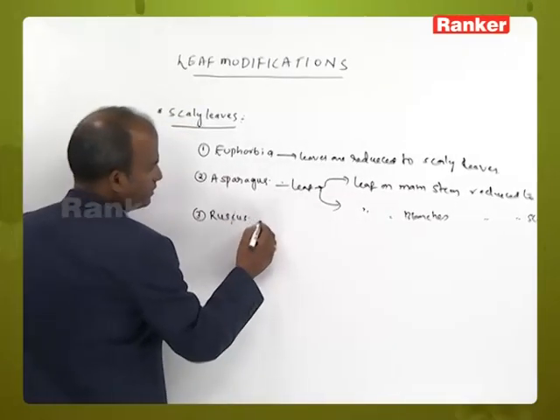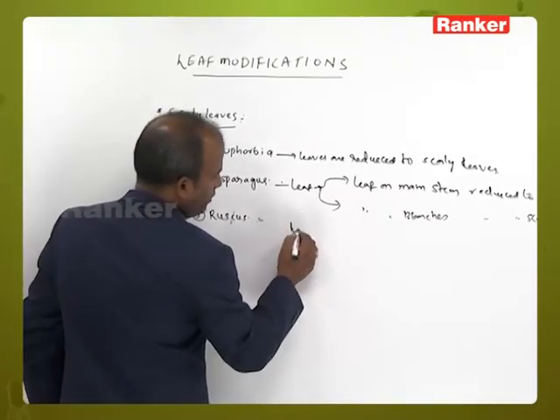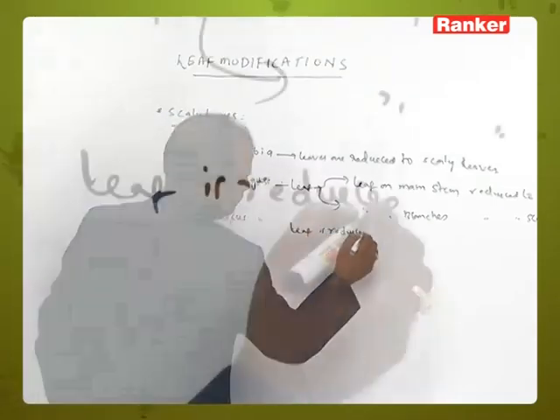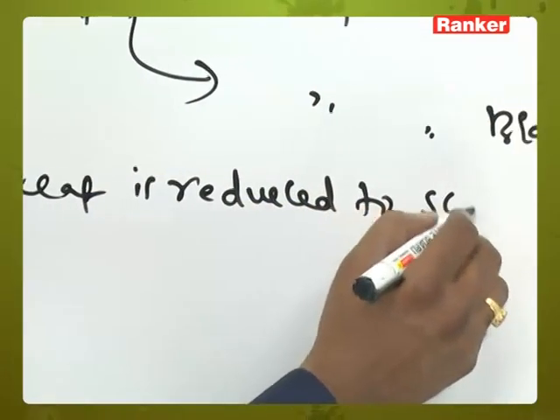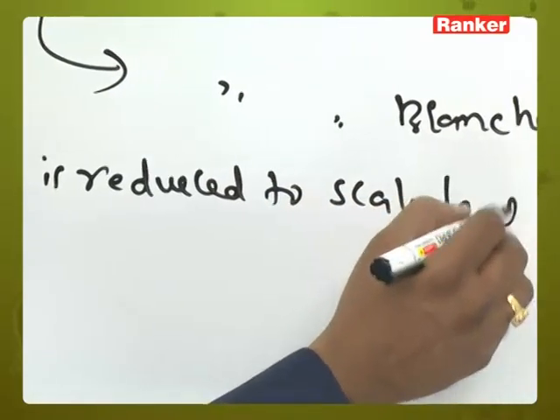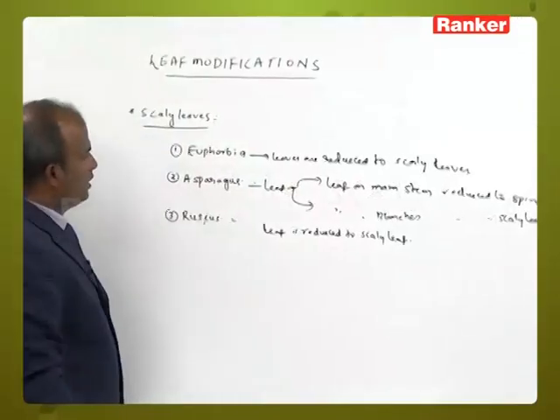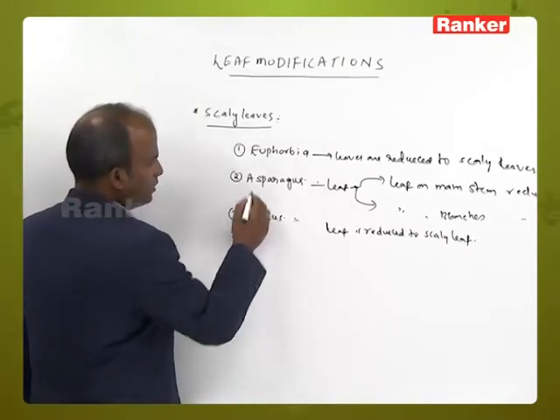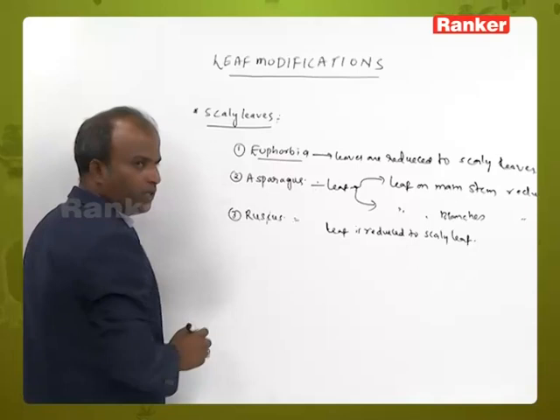And in ruscus, leaves are reduced to scaly leaf. These are the three examples. One is euphorbia.